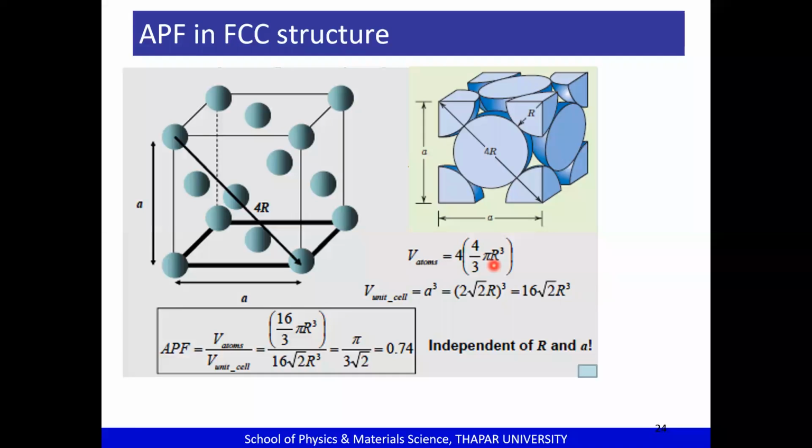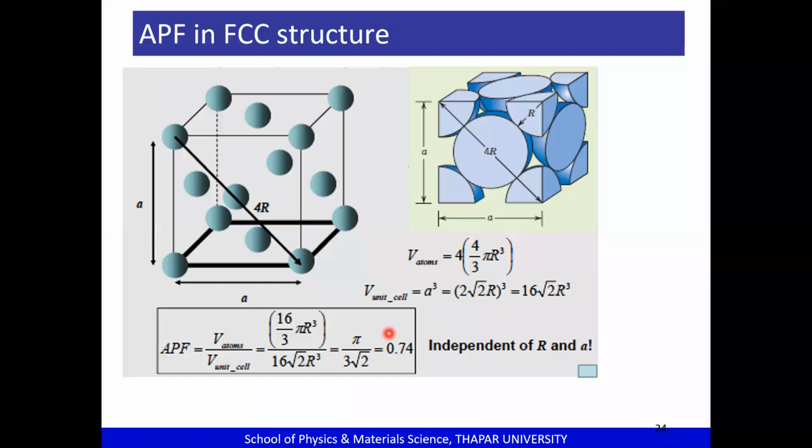Now if I substitute these two volumes into the expression for APF, that is, APF is equal to the ratio of the volume of atoms to the volume of the unit cell, and simplify it, it comes out to be 0.74, which is independent of the radius of the atom as well as the lattice parameter of the unit cell. So as long as your unit cell type is FCC, your APF is always constant and fixed at 0.74.